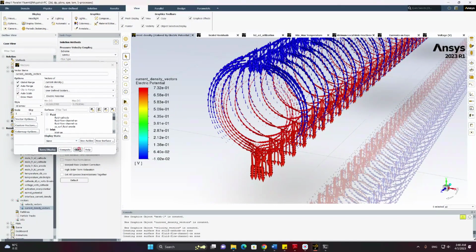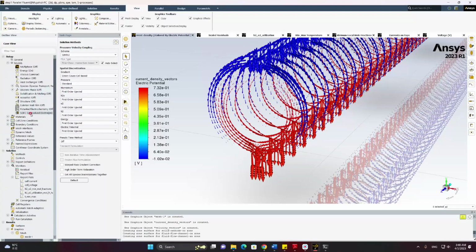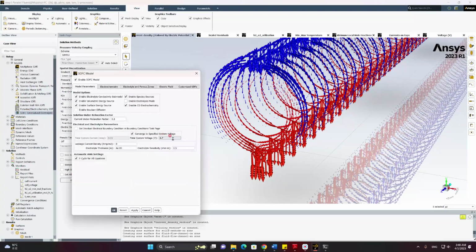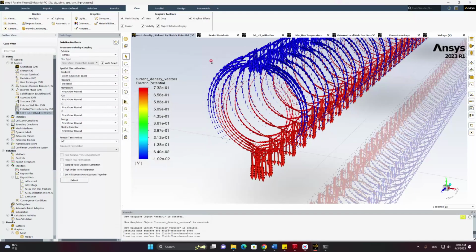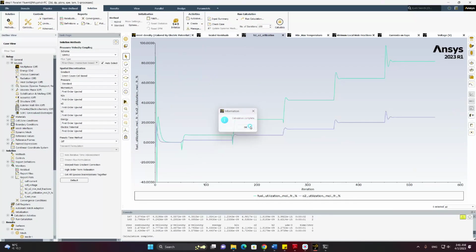So now we continue the simulation for decreasing voltages up to 0.4. And solution, calculate.